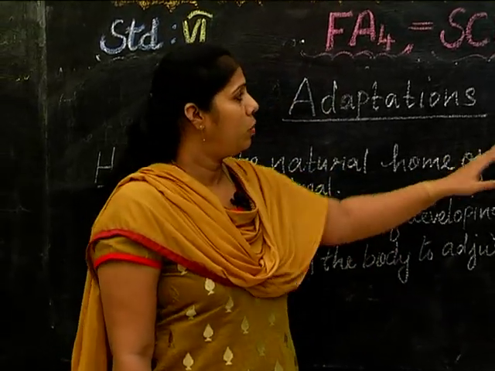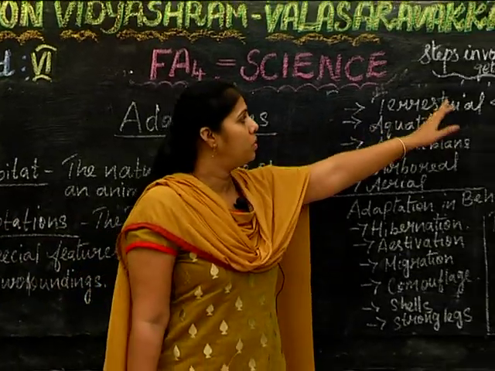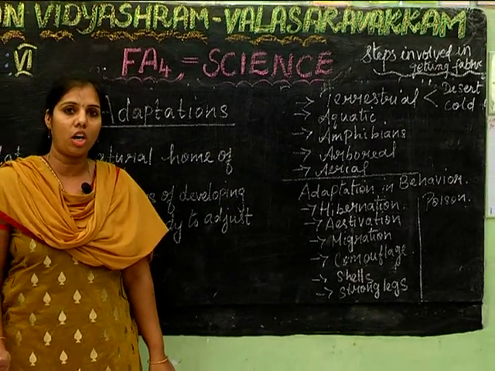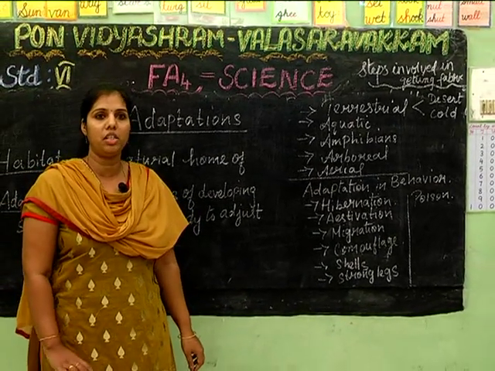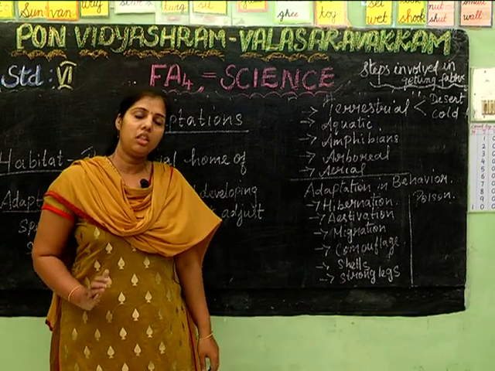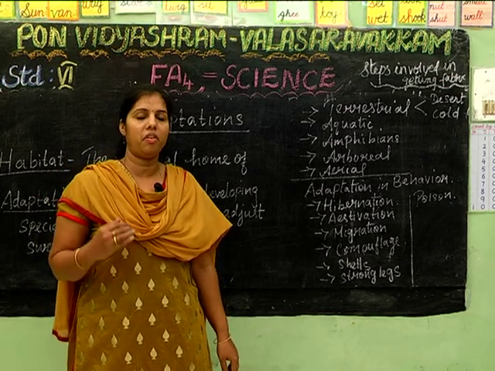Next, in terrestrial, we have the animals which survive in the desert region. As we know, the desert has a very hot climate. For example, the camel can survive in the hot desert with some adaptations.